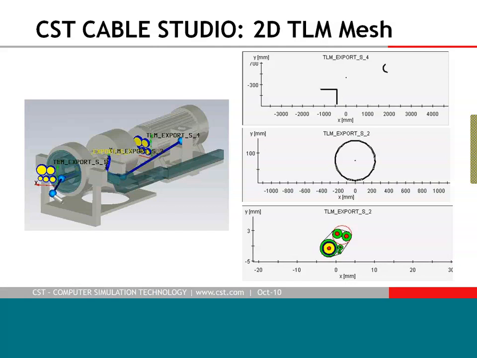And here we visualize the meshing. So actually the cable is sliced in different parts, and what we see here are the different TLN segments. Here as a point, we have still the cable. It is actually this one, so you see how small it is in comparison with the size. And these blue lines are representing the ground.